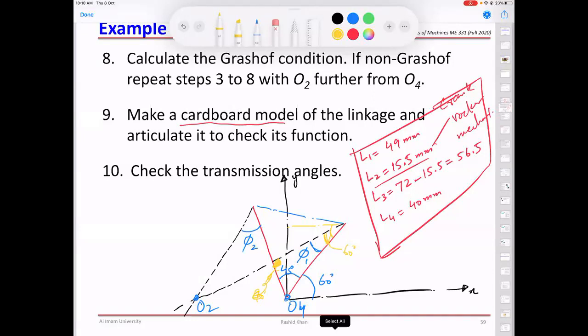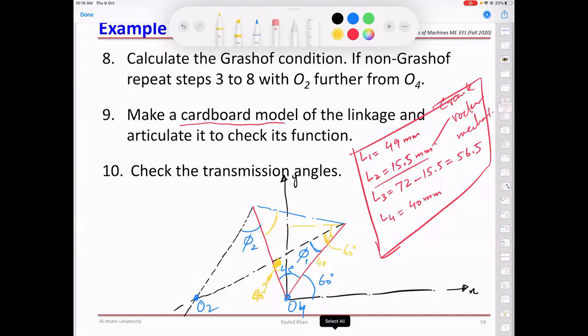We have 45 degrees. We know the length of this link, which is 40. Let me just try 60, and this is 45.